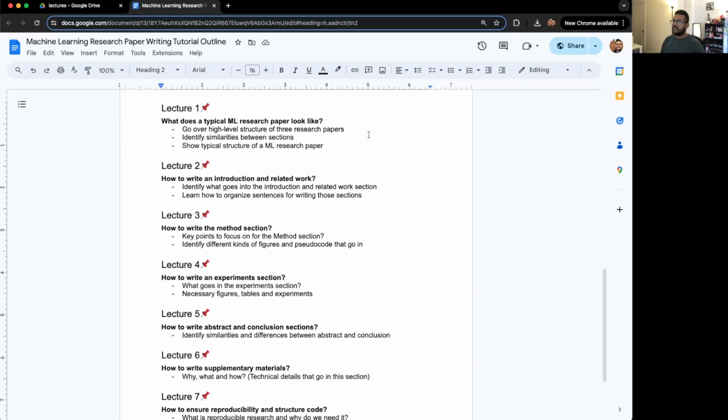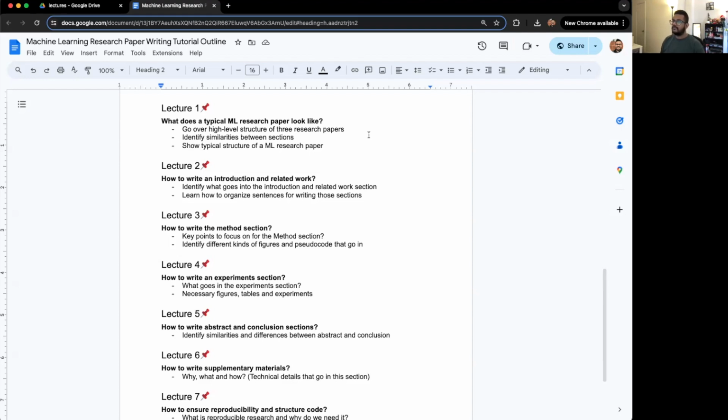We will also look at how to write the method section and identify the different kinds of figures and pseudocodes that go in it. This would be followed by the experiment section, where we would learn what goes in this specific section and the necessary figures and tables and experiments to add.